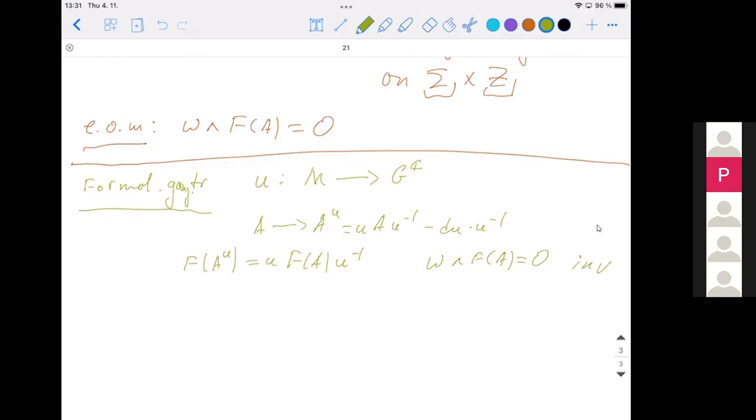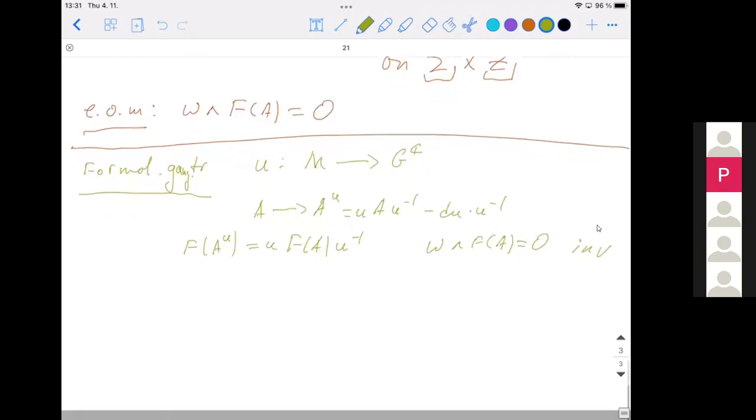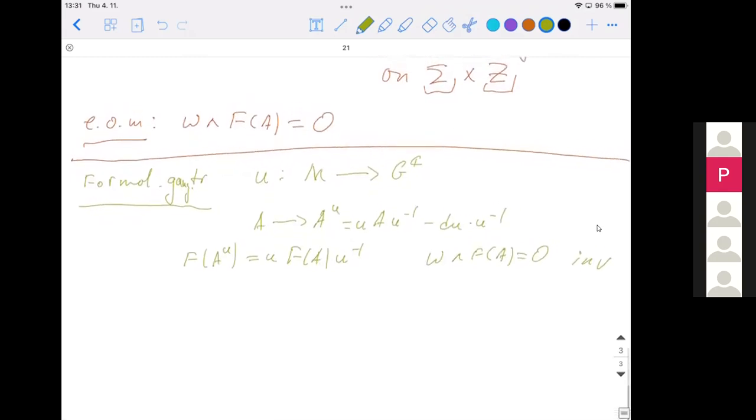Now we should start talking about this particular parametrization of the gauge field.